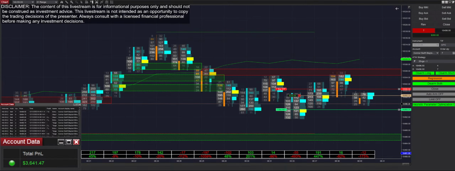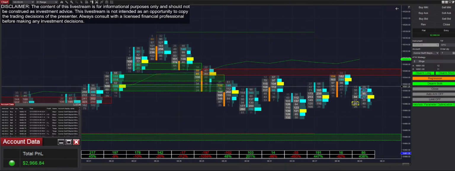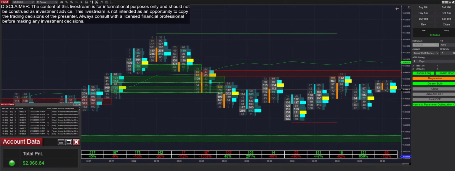Just got filled short here. That's nice. Wow, talk about turning around there. Ended up losing that trade, actually. That's unfortunate.